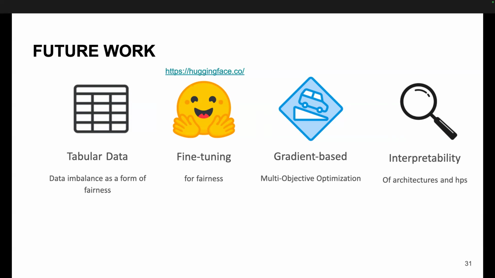I'm also really excited to expand into other notions, not expanding the concept of fairness, right? There are traditional fairness notions, but data imbalance is also one of the most pernicious problems in tabular data, and there's a very easy mapping between data imbalance problems and these fairness problems.